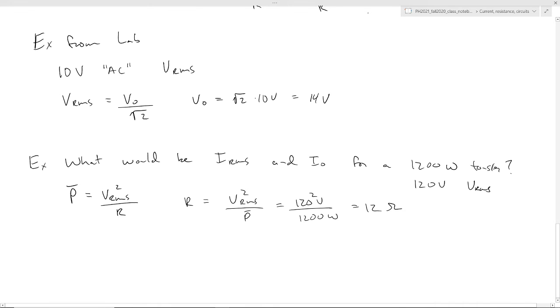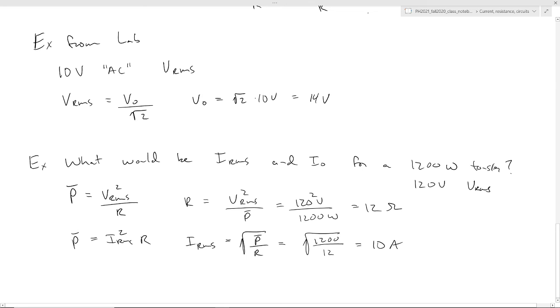And then we could use our other definition of power, that's IRMS squared times the resistance. And this would let us solve for IRMS as just being the square root of the average power over the resistance. So this would give us 10 amps.